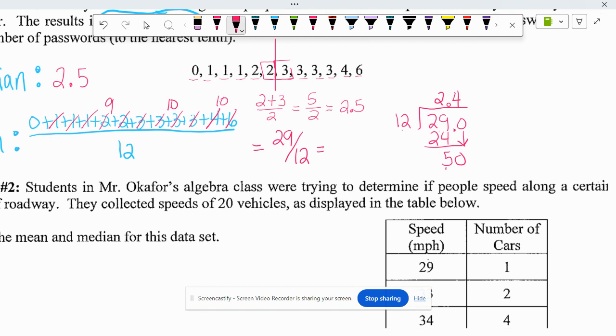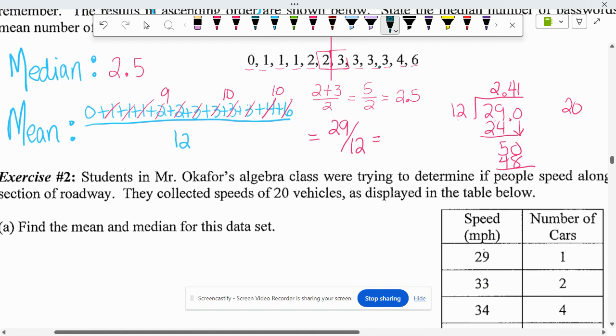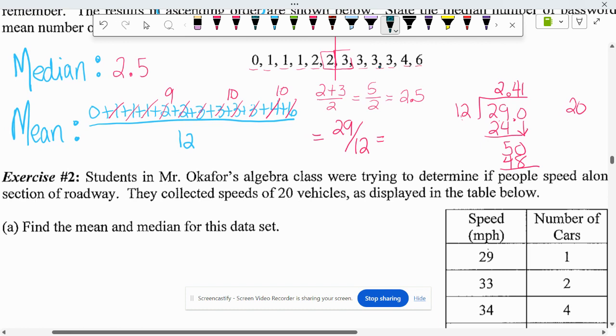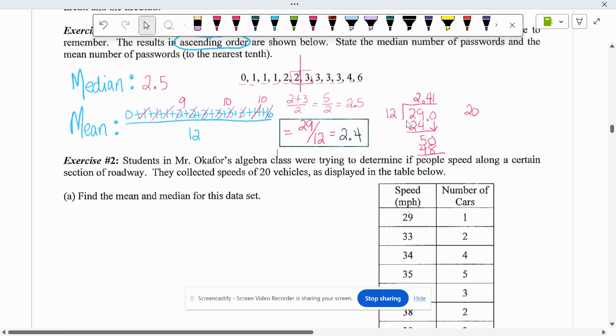So 4 times with 48. That's going to give me a 2. Add another 0 to it. 12 goes into 20 only one time. So if we're rounding to the nearest tenth, without a calculator, what is our mean? Yeah, it's 2.4. I just want to make sure that if we have to do something like that, we know how to do it, okay? All right, the rest of the time we'll use our calculator.